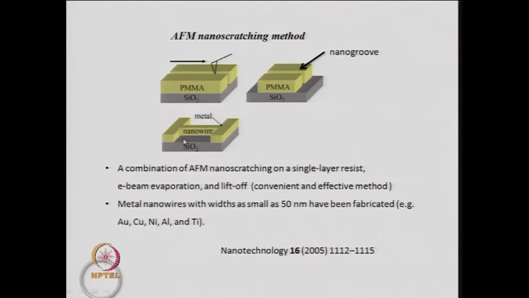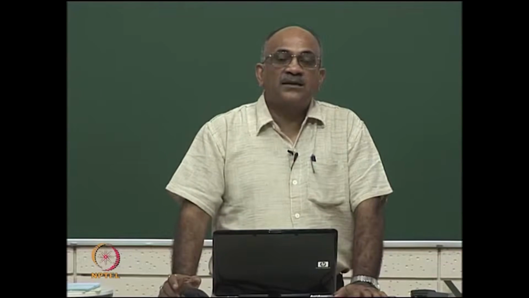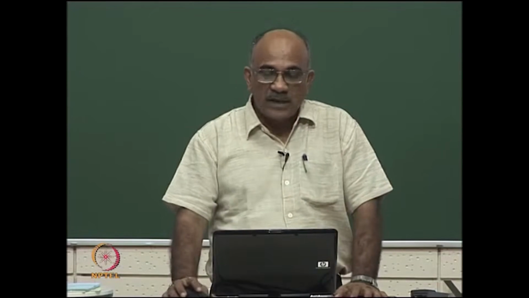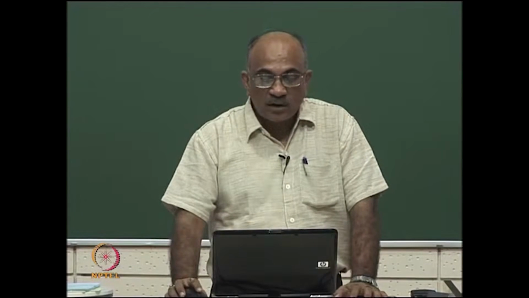So, now wherever the PMMA was there, that is blank, and that silica surface is now seen, and so you now have this structure like an eye, because wherever there was a gap, now you have the metal coating, and so now you have two metal contacts, in between you have a nanowire. So, this is another way using the AFM nano scratching method that you can make nanowires, and you can also make simultaneously metal contacts on the side.